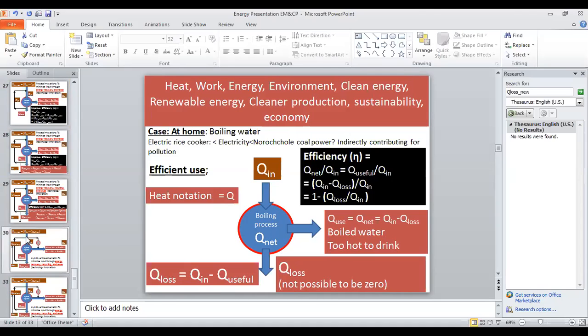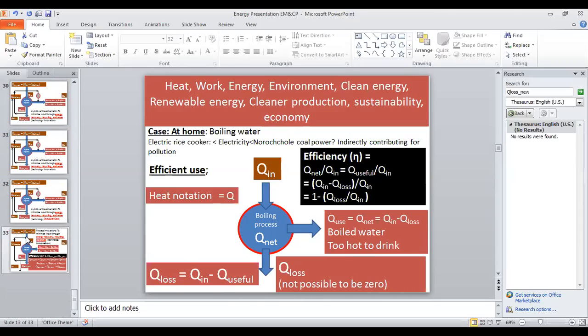So connect this knowledge and see how important this is in environmental management and clean production. Energy is, of course, quite related to economics because boiling water happens in each and every house. Simple like that. So this is really related to economics, not only to technology.